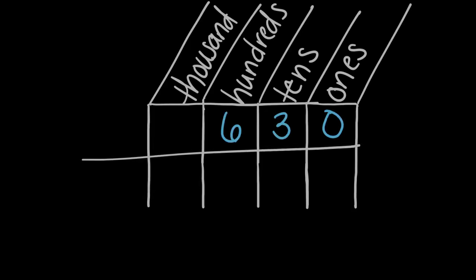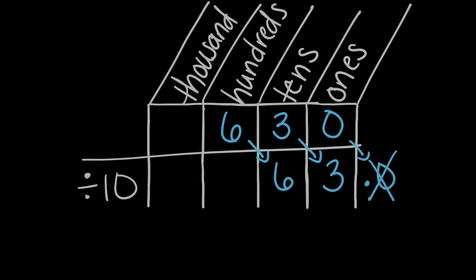If we divide 630 by 10, we're going to move everything one place value to the right. So the 600s will become 6 tens. 3 tens will become 3 ones. And the 0 ones will move after the decimal.